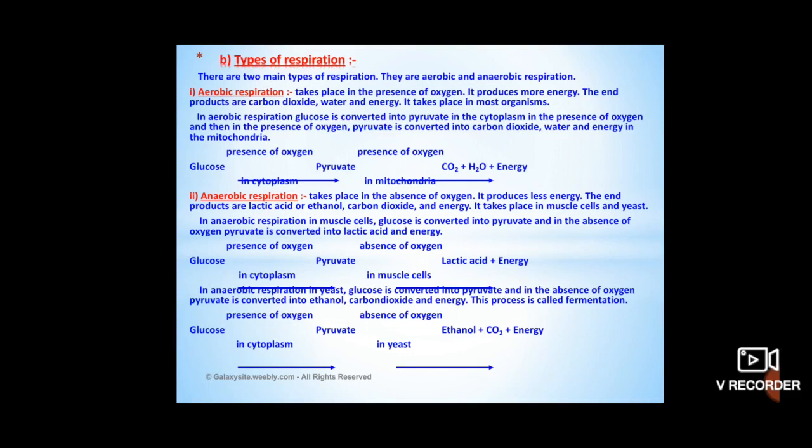The released carbon dioxide is eliminated from our body through respiration and exhalation. This aerobic respiration is held in most organisms.